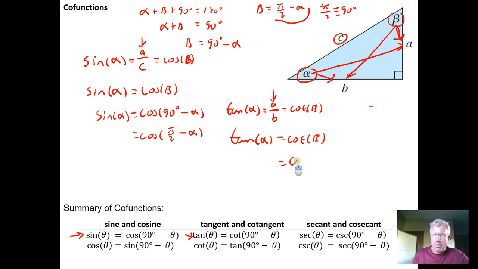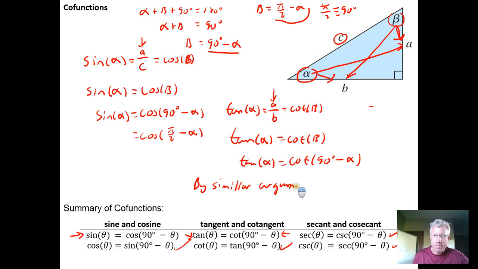But what is beta? Beta is just 90 degrees minus alpha, or pi over 2 radians minus alpha. So that establishes this result. And in math, once you see that the same process is going to generate the same result over and over again, you just say, by similar argument, the other stuff is right.